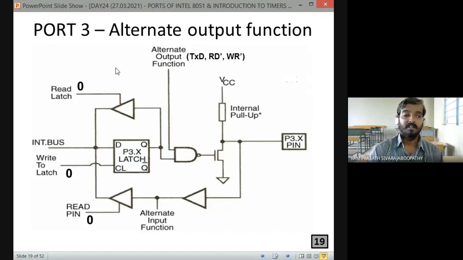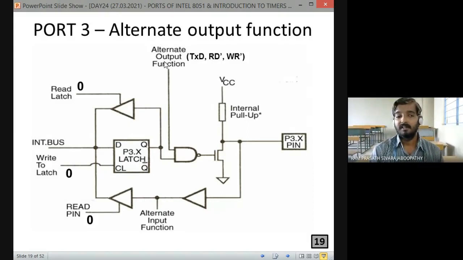For example, TXD transmit பண்ணும் data ன்னா port latch ல corresponding bit ல we have to write logic 1 only. So then only the alternate output function will get activated.